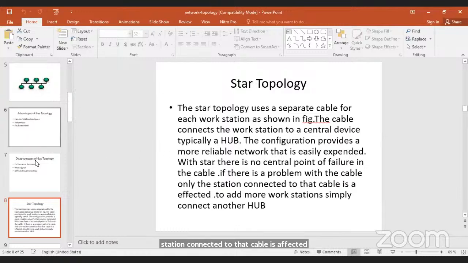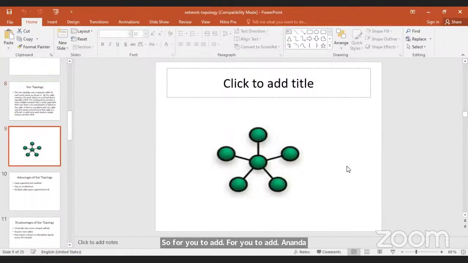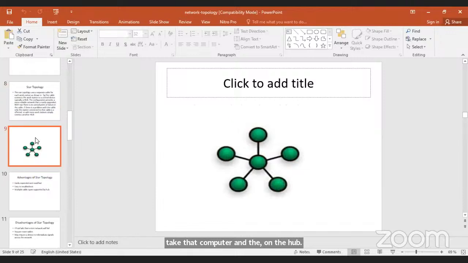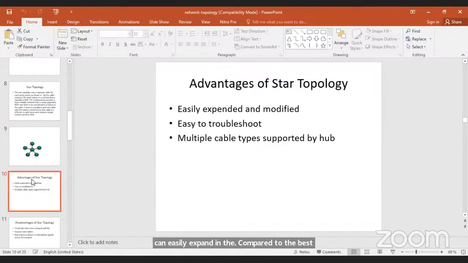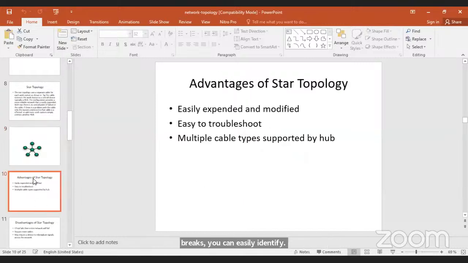For you to add another node, you just take that computer and plug it on the hub. So advantages of star compared to the bus topology: you can easily expand the star, and you can easily troubleshoot because if one cable breaks, you can easily identify that one cable. Also, you can support multiple connections to that topology.